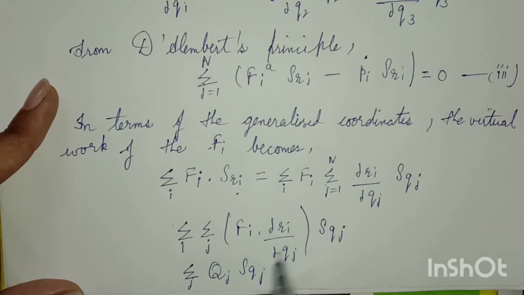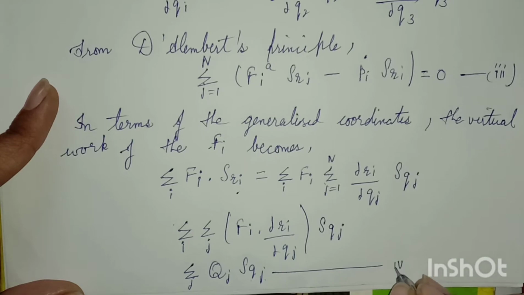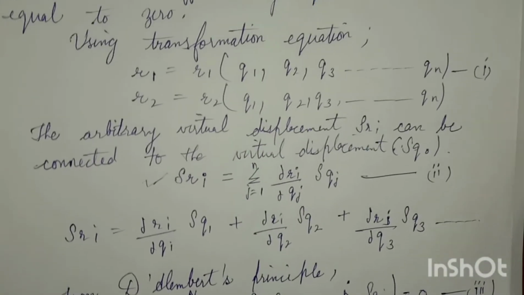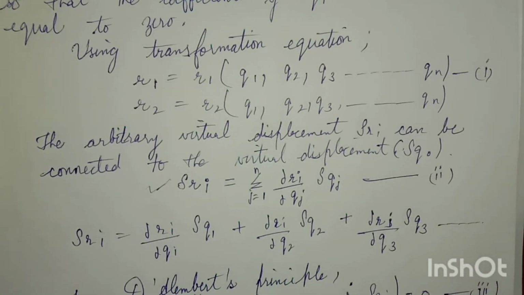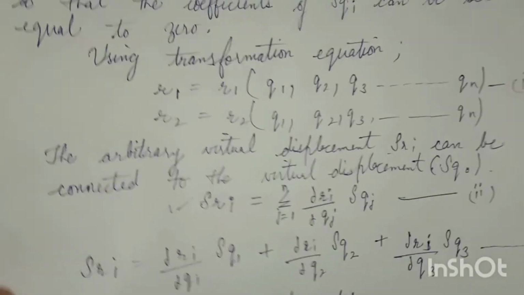So in place of this we can write Qj and then delta Qj, which is our equation number 4. Qj is the component of generalized force.